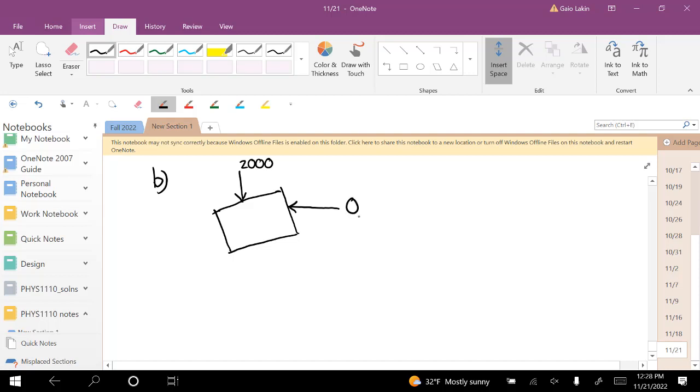We have the Q going the other direction. We have the normal force, and then the friction force. Remember, it's opposing the motion, so friction force is going to be opposite in this case. So 0.1 N going that way.